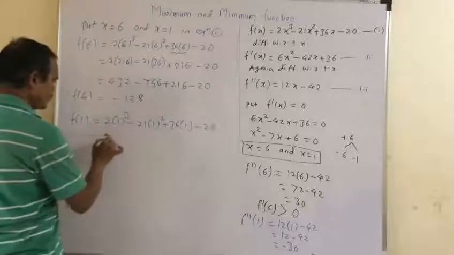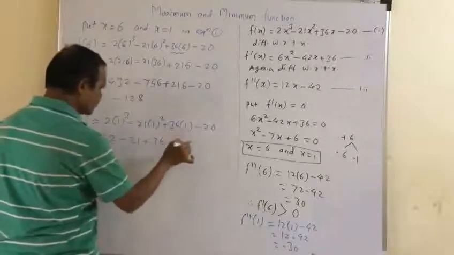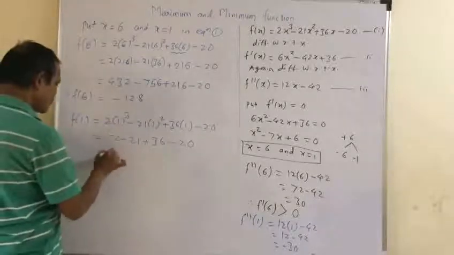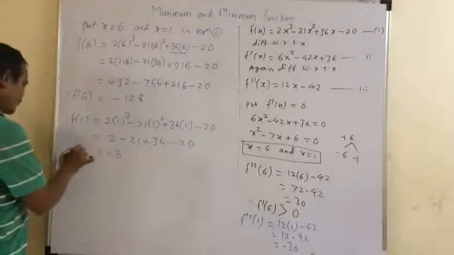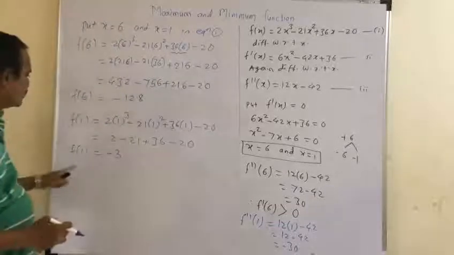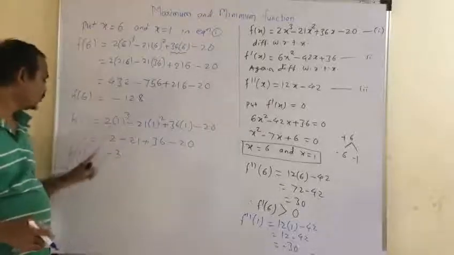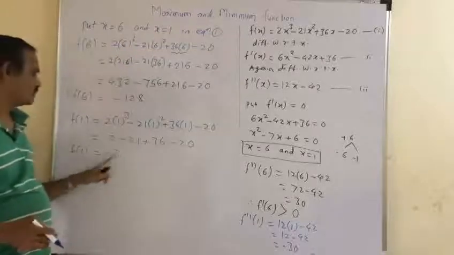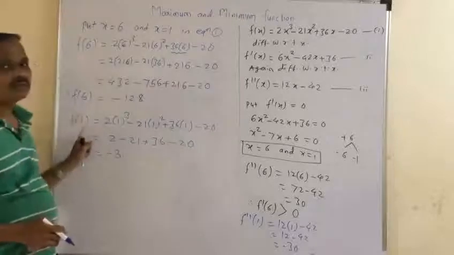Now calculating this, 2 minus 21 plus 36 minus 20, we get minus 3. Now this is the maximum value of the given function at x is equal to 1.